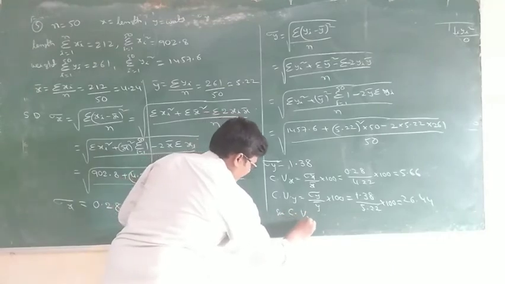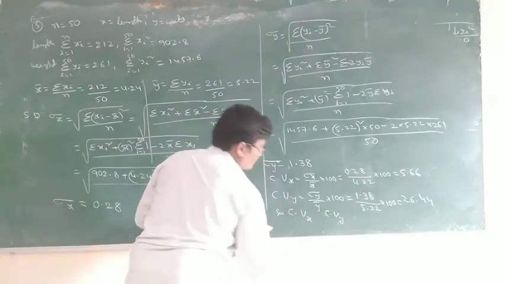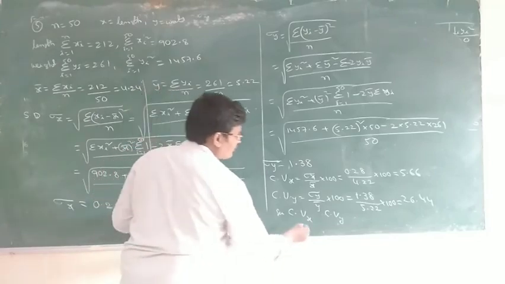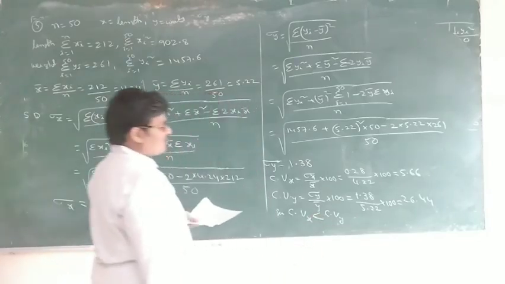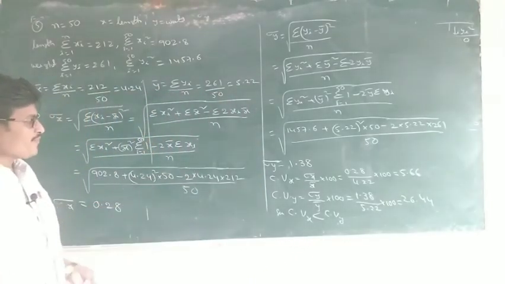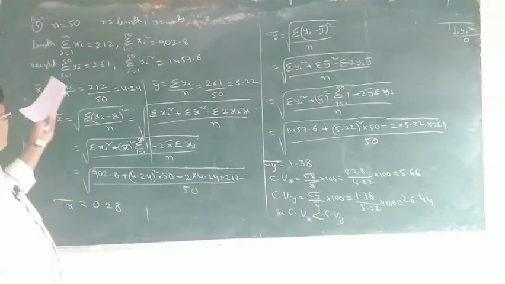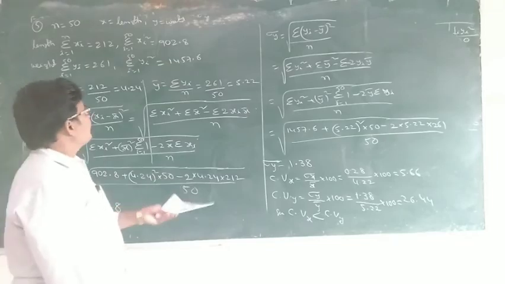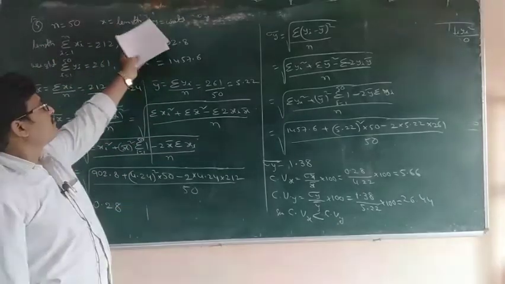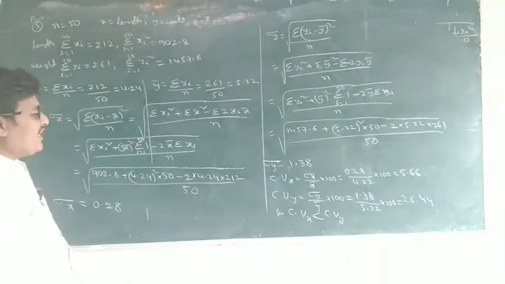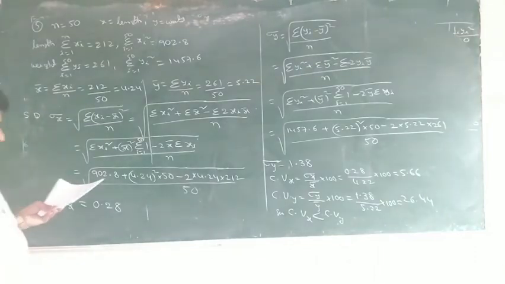Since we compare the coefficient of variation of x and of y, which is the greatest value? The coefficient of variation of y is the greatest value. This x is nothing but length, and y is nothing but weight. So weight is more variable.